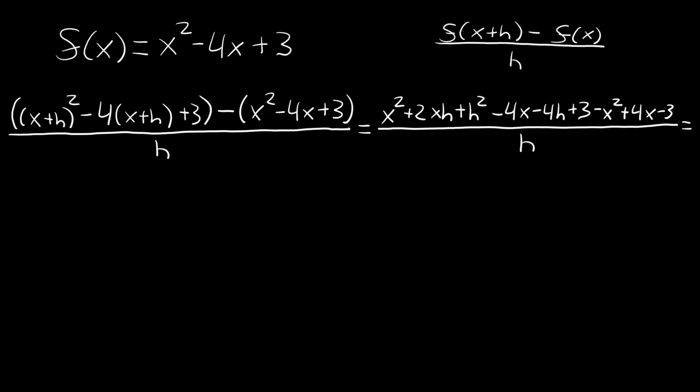We can then cancel terms. So we have negative 3 and a positive 3, negative x squared, positive x squared, positive 4x, and a negative 4x. And so we're left with 2xh plus h squared minus 4h over h.